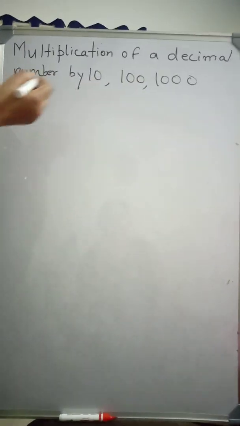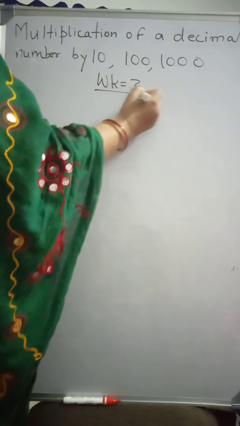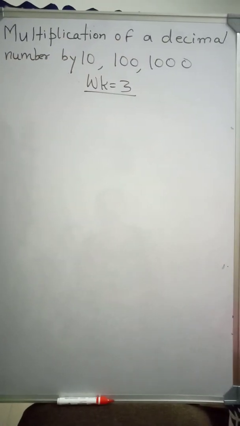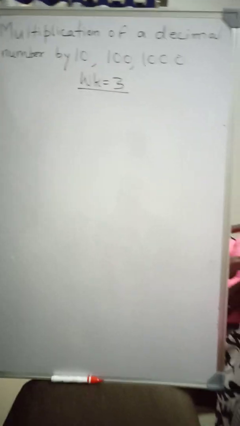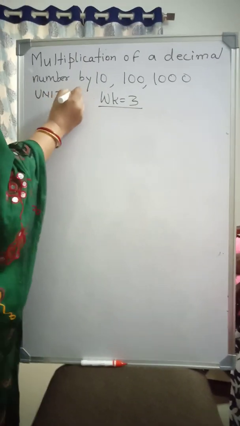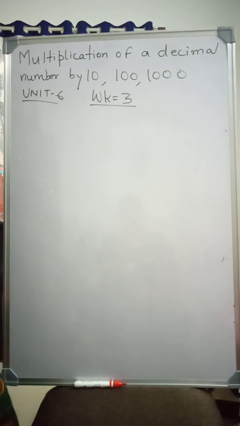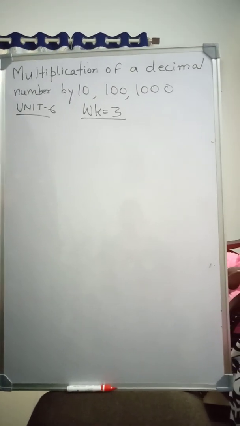So this is worksheet number 3 of the chapter unit number 6. Okay, multiplication of a decimal number by 10, 100 and 1000.